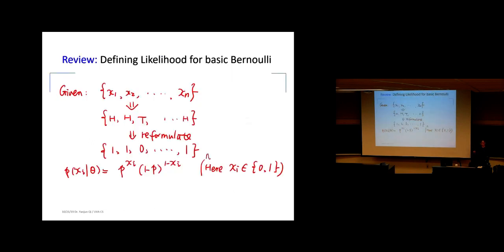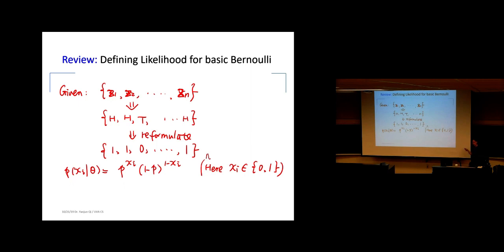So now let's come back to our problem. I'm starting from a basic Bernoulli, not the Bernoulli we use in logistic regression, just a basic Bernoulli. You're flipping a coin and observing head or tail from n different observations. You can rewrite it as 1 or 0, where head is 1 and tail is 0.